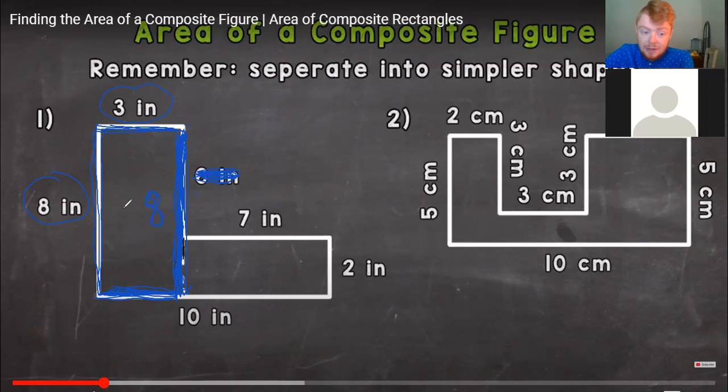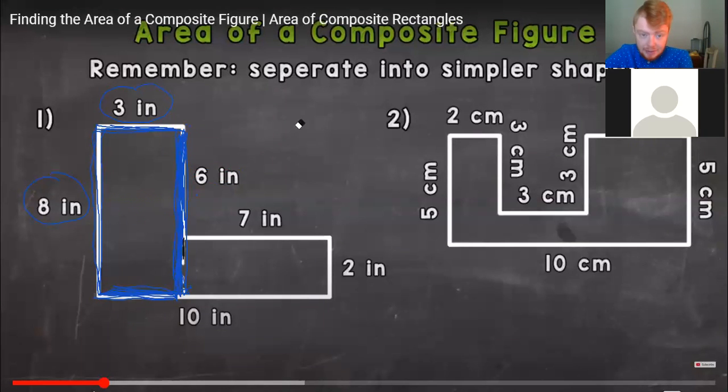Because 8 is across from it, which means it has to be the same number. The only reason why I said 6 was when this was its own thing. But this part is the only part that's 6. But the whole thing right here is 8. Good.